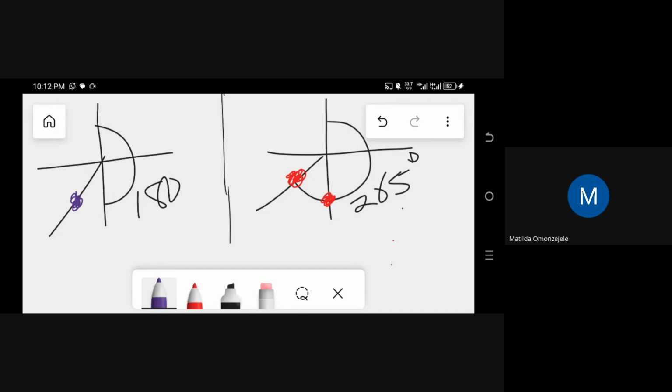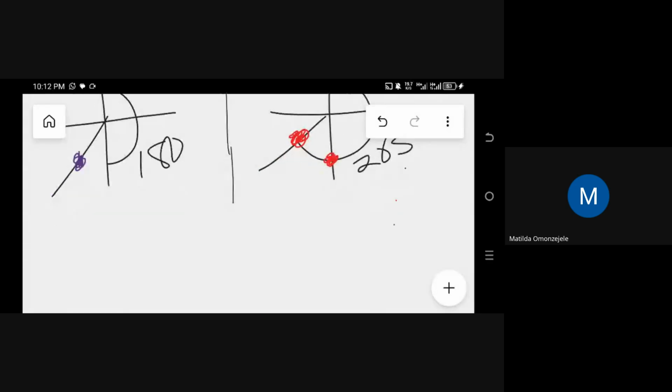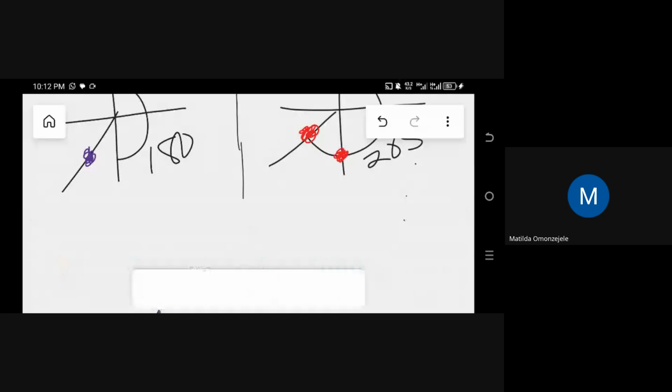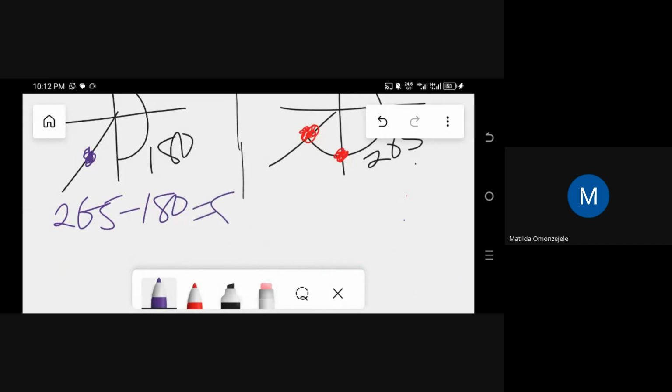But if you look at the red one, from the north to the south is 180, then there was an extra angle added to that 180 that gives you 265. To get that extra angle, you say 265 minus 180, and this will give you 85 degrees.